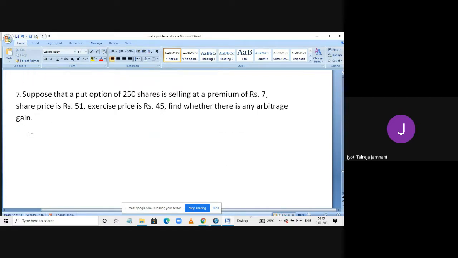Suppose that a put option of 250 shares is selling at a premium of 7. So number of shares is equal to 250. Premium is 7.